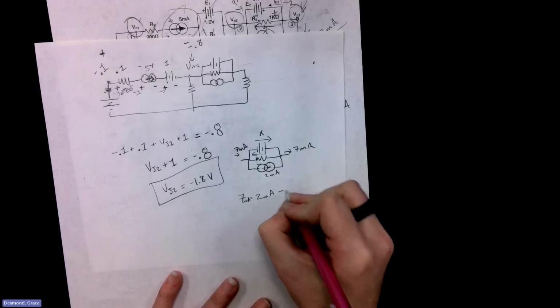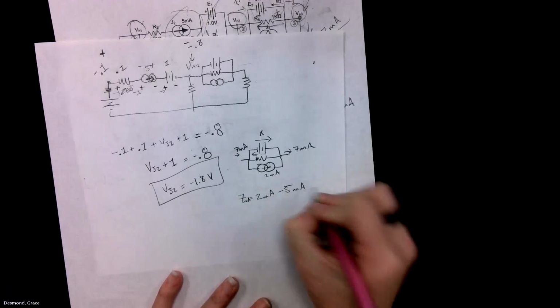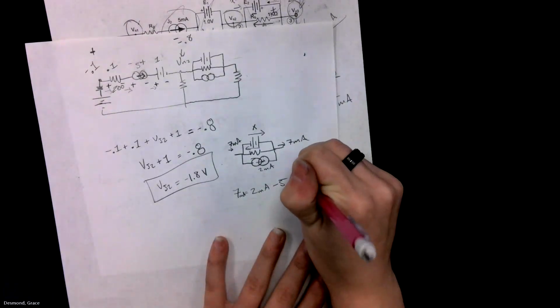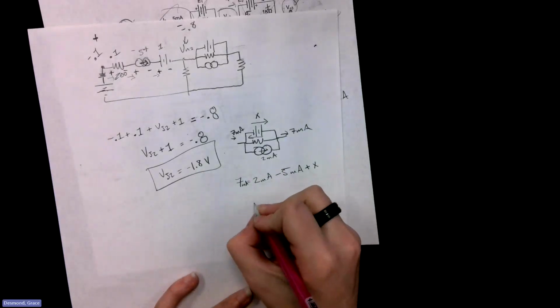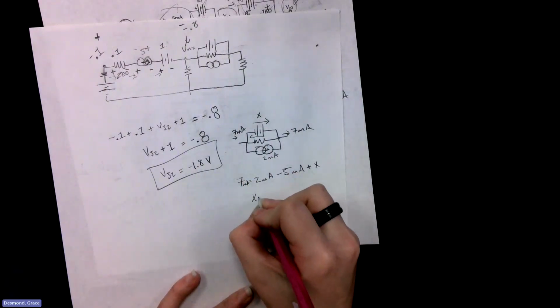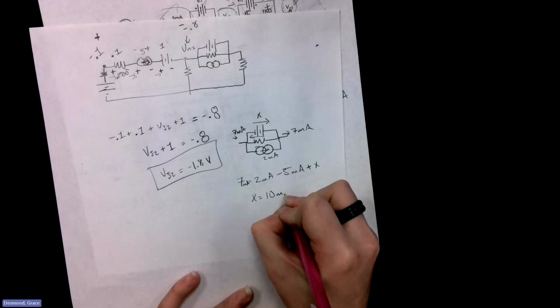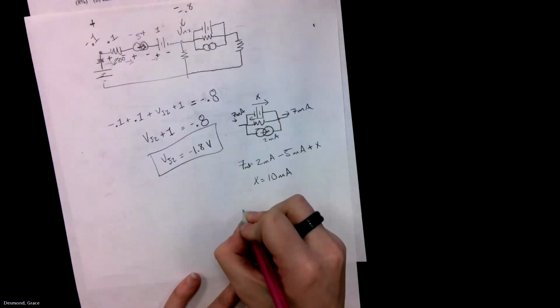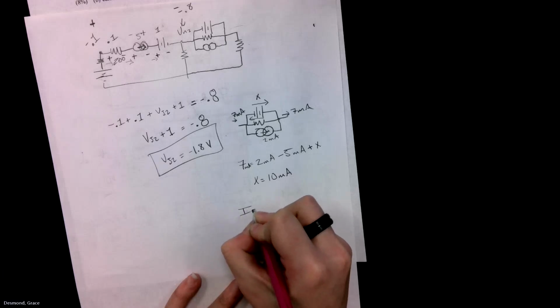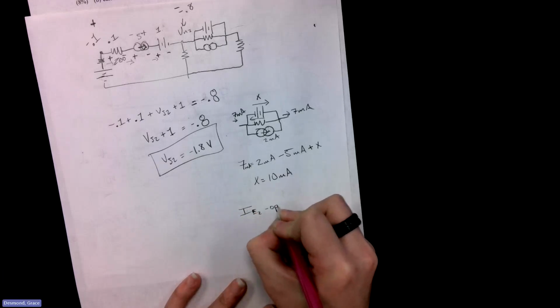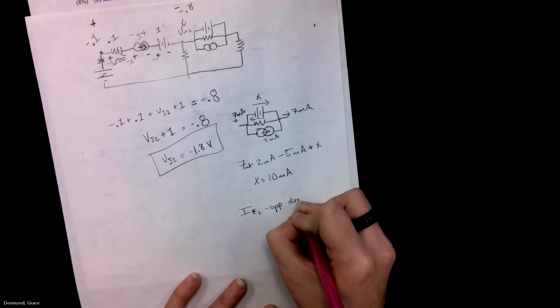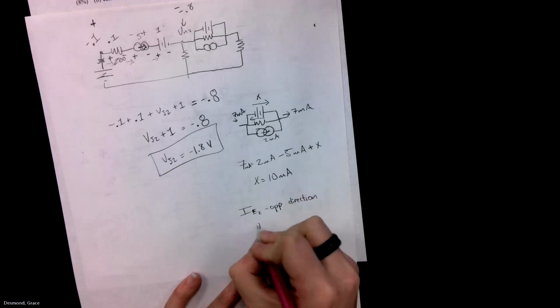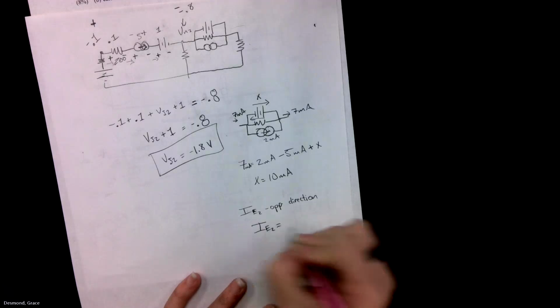Minus 5. So X in that direction, we already said this, 10 milliamps. And then IE2 is the opposite direction. Negative 10. Okay.